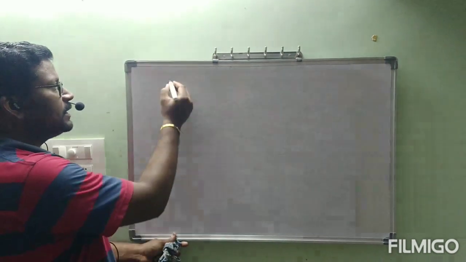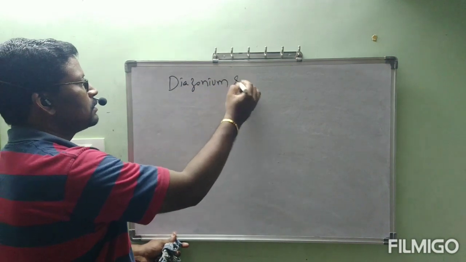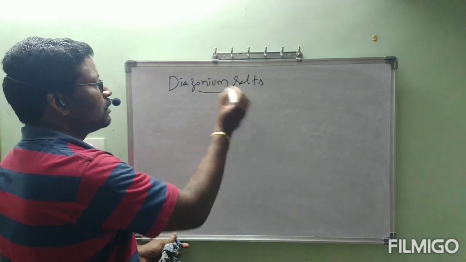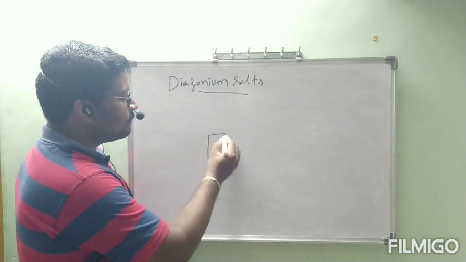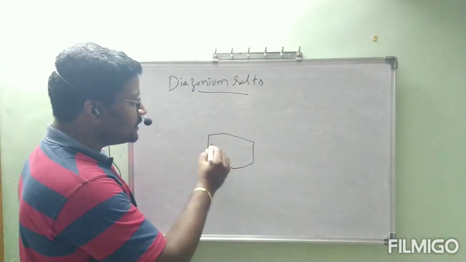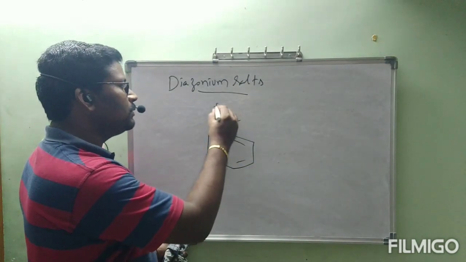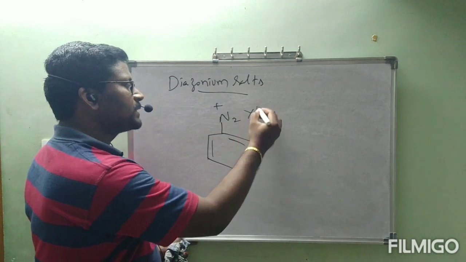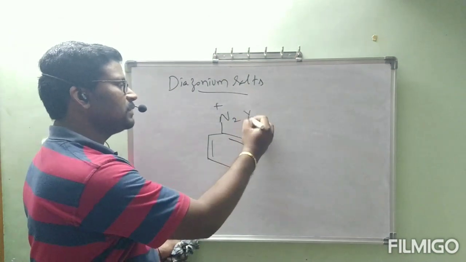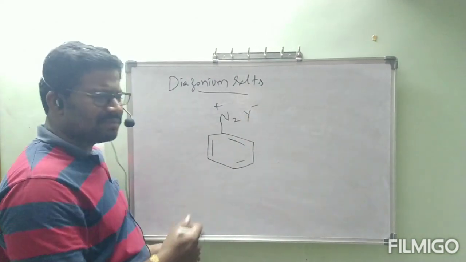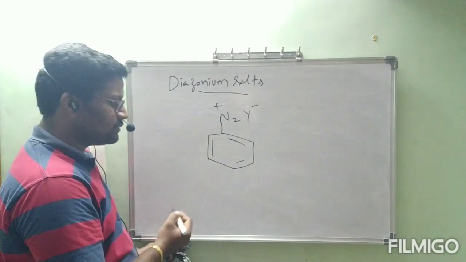So our next side heading is diazonium salts. Diazonium salts are generally represented by benzene diazonium salt, a benzene group with N2+ X-. Or let us consider this as Y-, or simply X- also.